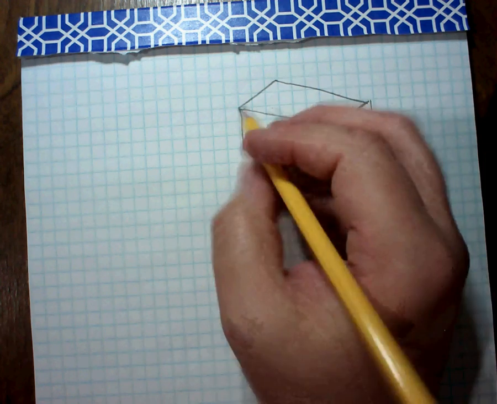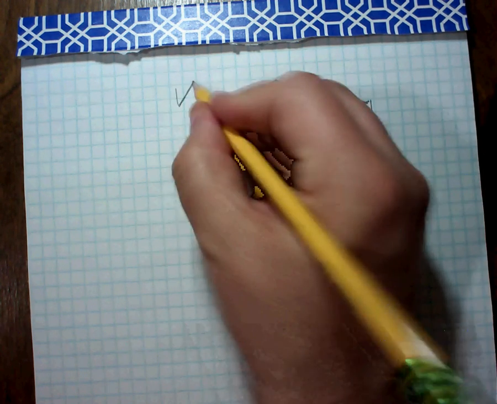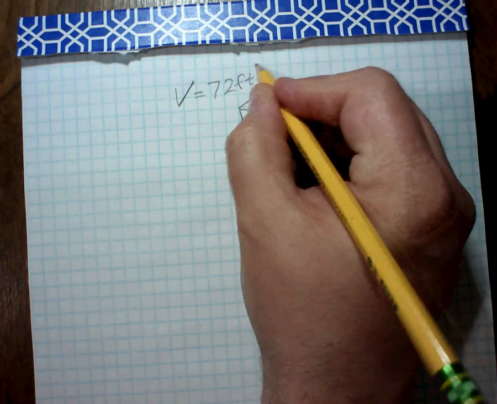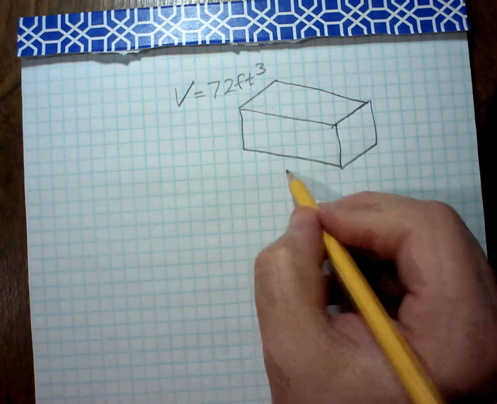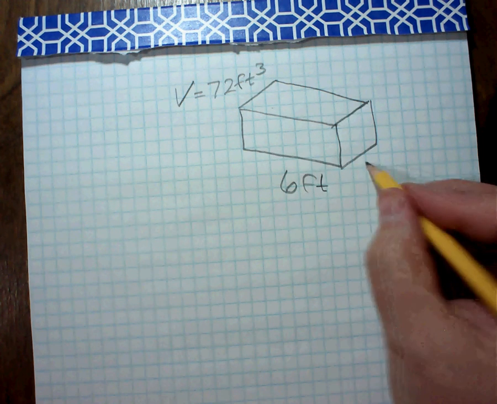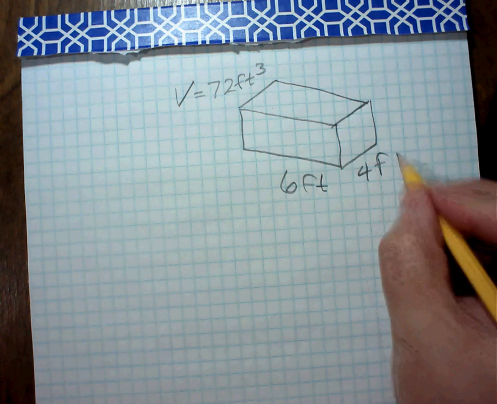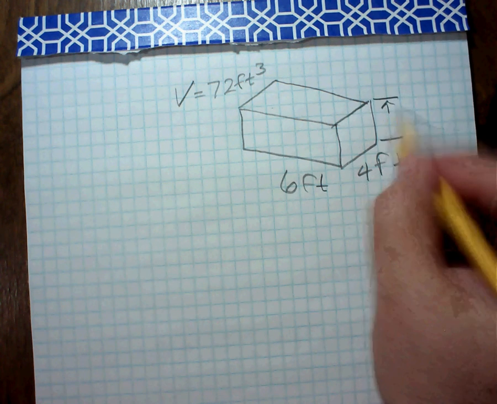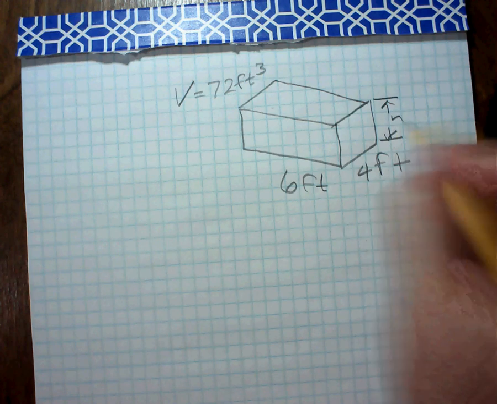And we know a couple things. We know that the volume of the chest is 72 feet cubed. We know that the length here is going to be 6 feet. This is going to be 4 feet. And we want to know what is the height of this. This is the last example.